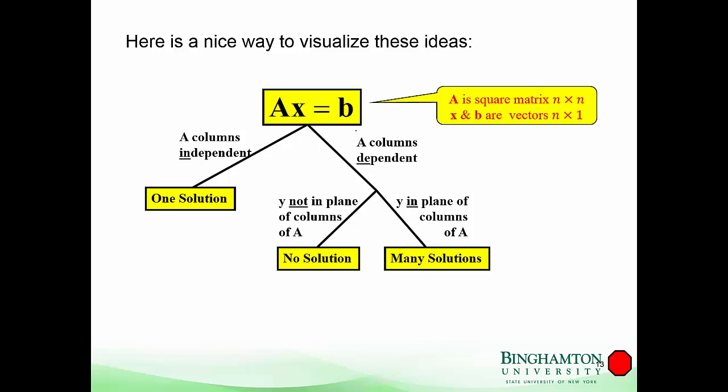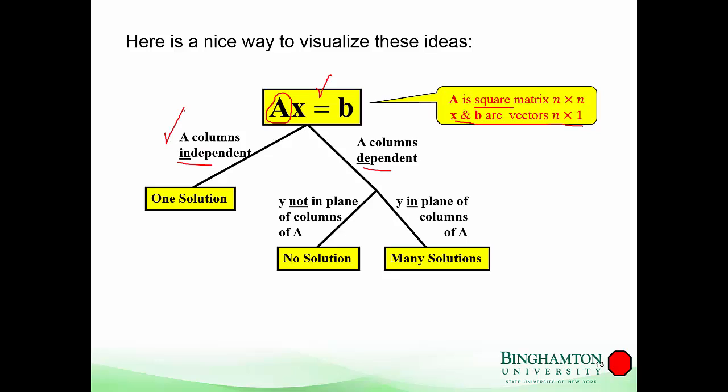They're not always splitting into two; some things I have to split into more cases. We start off with AX equals B, where A is square and X and B are appropriately sized vectors. Our first decision should always be to look at the matrix A. Does A have independent columns or dependent columns?